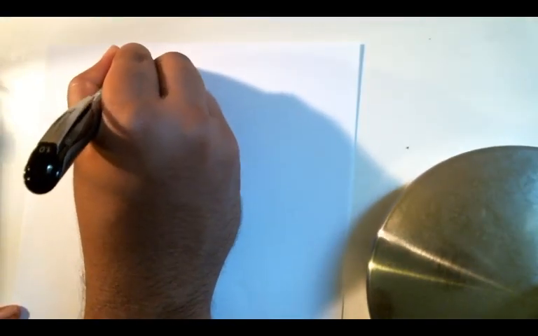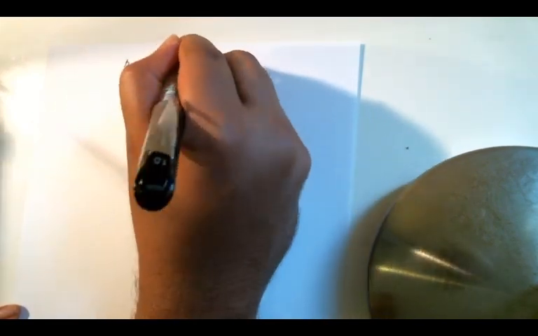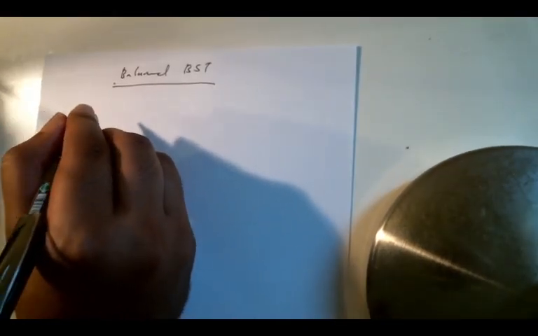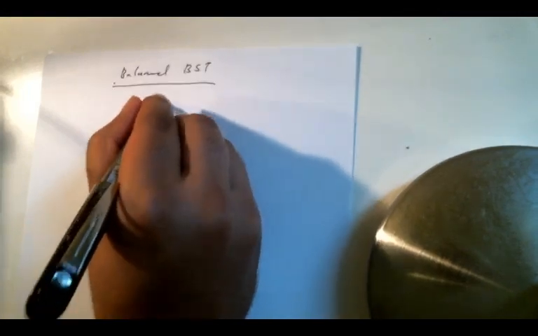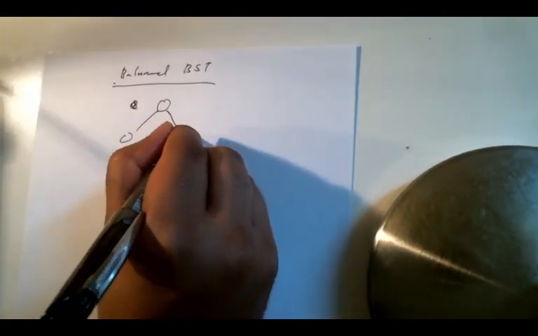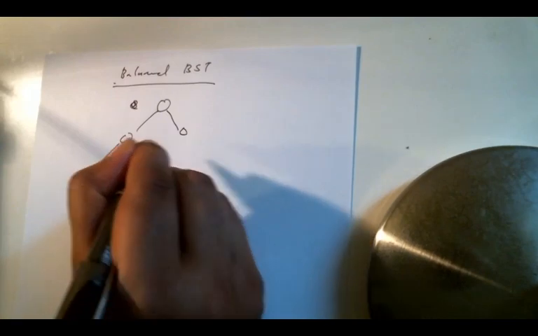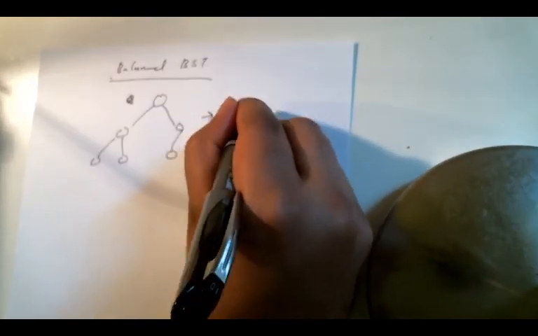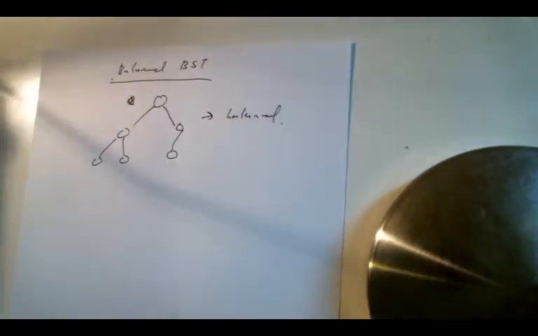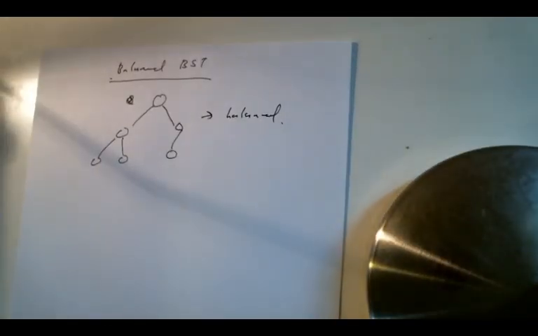So, what I mean by balanced is a balanced BST. Okay, what I mean by this is the tree is kind of evenly spread out. So something like this. This would be balanced. Okay, informally, this is what it means, right?